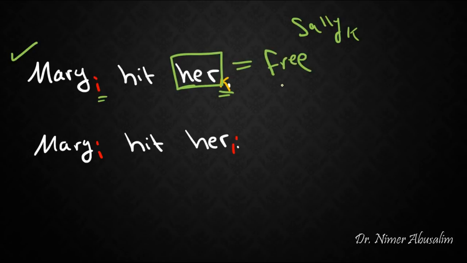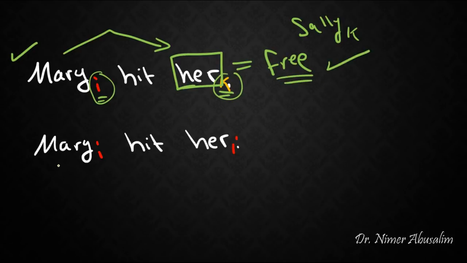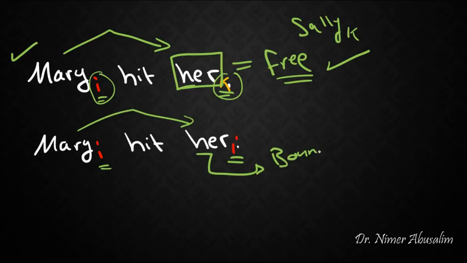It's free because it's not bound, and it's not bound even though Mary c-commands her, because the second criterion is not fulfilled. There is no co-indexation. Mary's i and her's k. Therefore it's free, and therefore principle B is fine. But now let's look at Mary hit her, where there is co-indexation and there is c-command. Therefore her is bound. And we said that the pronoun should not be bound. Under this meaning, the sentence should be ungrammatical, and yes, it actually is ungrammatical.